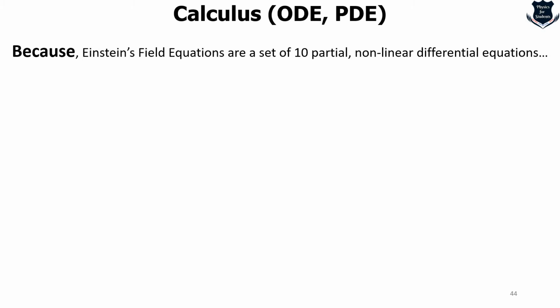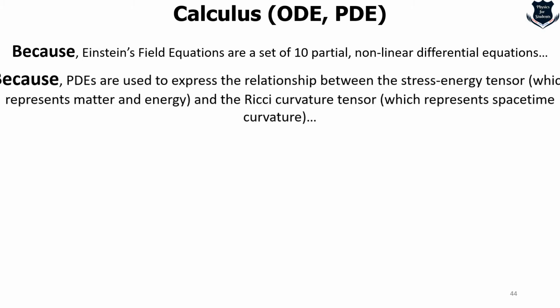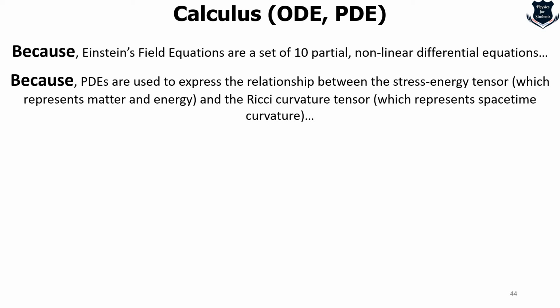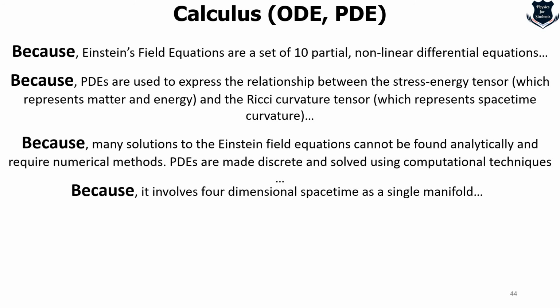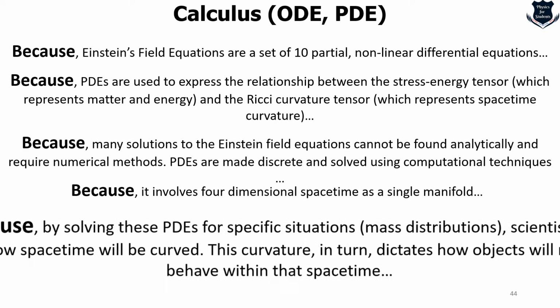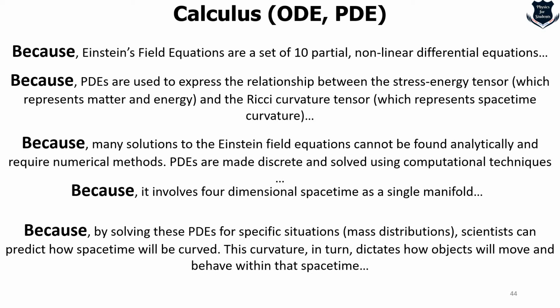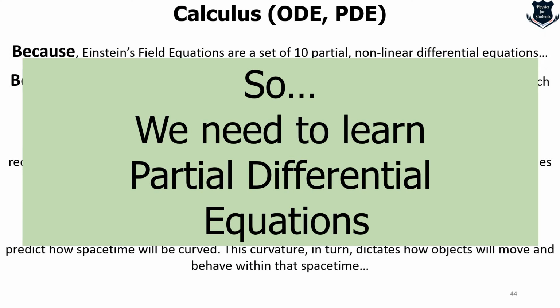Because Einstein's field equations are a set of 10 partial nonlinear differential equations, because PDEs are used to express the relationship between the stress tensor and the Ricci curvature tensor, because many solutions to the Einstein field equations are not found analytically and require numerical methods, and because it involves four-dimensional space-time, that means more than one variable, and because by solving these PDEs for a specific situation, scientists can find out how space-time is being curved, and the curvature in turn dictates how objects will move. So we can draw the conclusion that is why we need to learn partial differential equations.